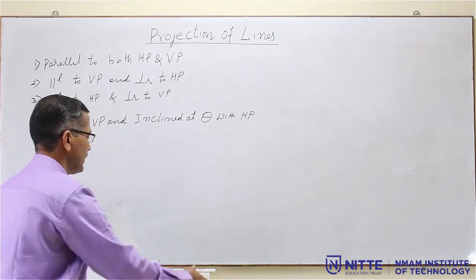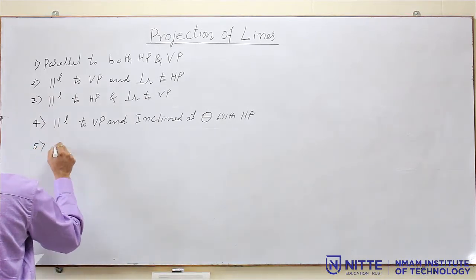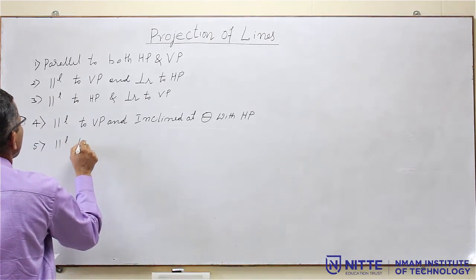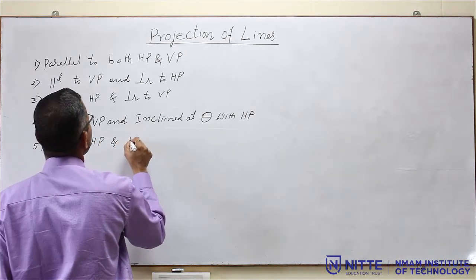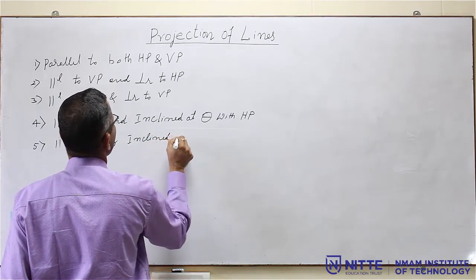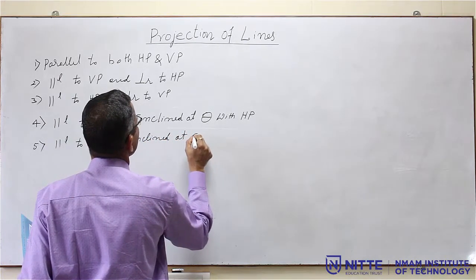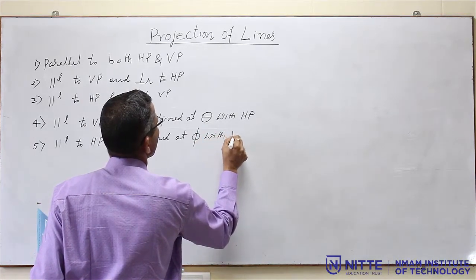Now, the fifth condition, it is parallel to HP and inclined at an angle of phi with vertical plane.